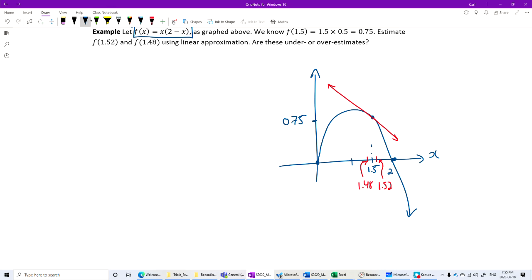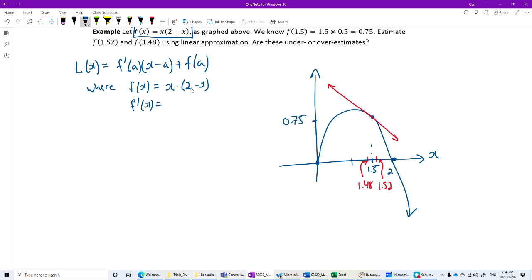All right, let's do it. So what is the linear approximation? The general formula is f prime of A, x minus A, plus f of A. Here, f of x is x times 2 minus x, which makes f prime of x... How are we going to take the derivative of this? Well, one thing we could do is multiply out the brackets.